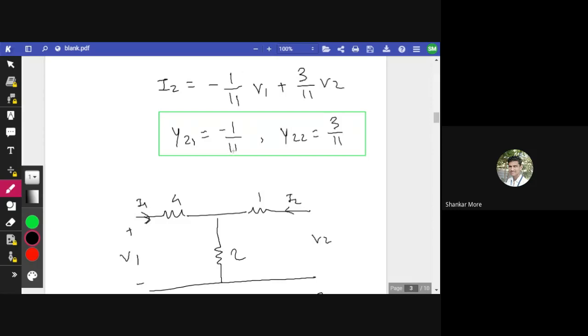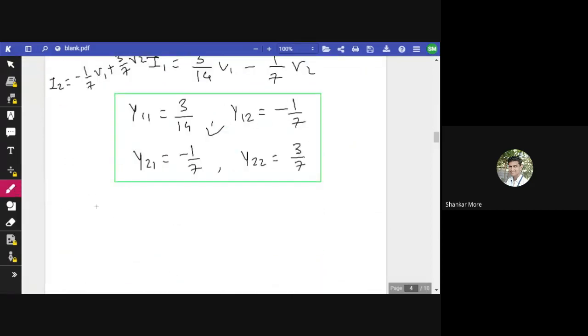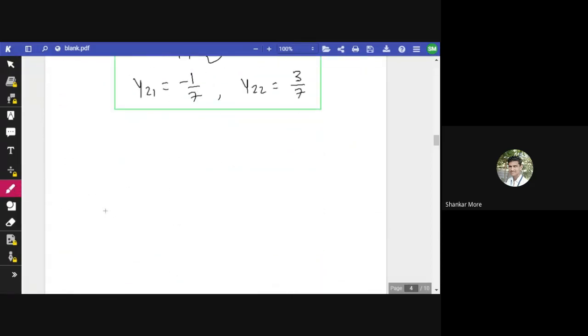We judge the networks based on the parameters. Whether this network is a reciprocal network or symmetric network, these are just terms. You don't have to go into much depth of it, you just have to remember the parameters. So this is reciprocal or symmetric, that's it.